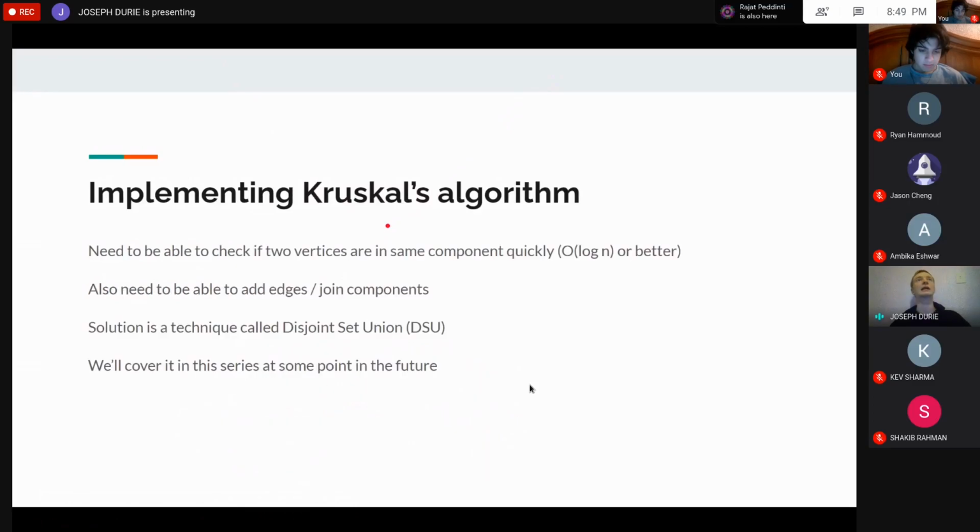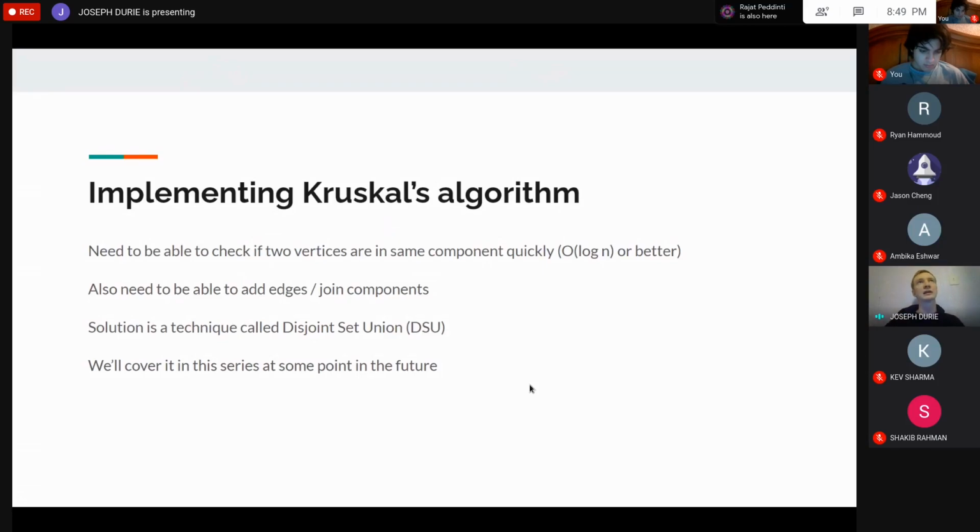All right, so we're not going to get into the actual implementation for this approach, because basically what we need is some kind of data structure that lets you check if two vertices are in the same component quickly and join components quickly. So we need those two operations. And we can use a technique called disjoint set union to do this.